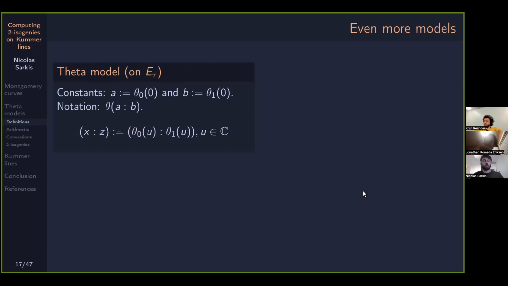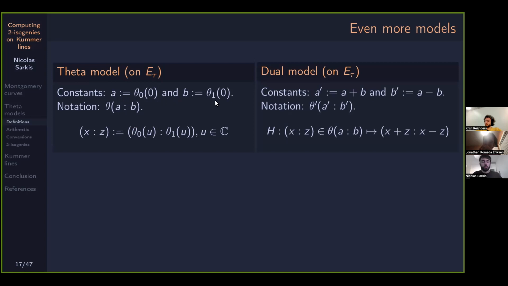Now that I have one model, theta AB, I can build many more models from it, because the theta model was just the image of some basis of R tau. If I already have a basis, I can change it into another basis, and this helps me build lots of models. I start with this theta model with theta constants A and B. The first operation is the Hadamard transform.